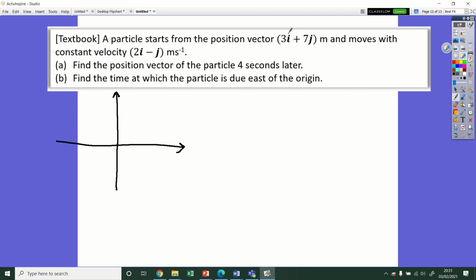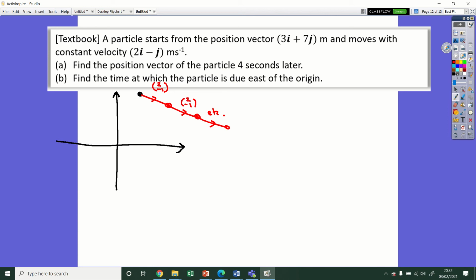So our particle starts at 3, 7. That's going to be roughly somewhere up here, 3 units along, 7 up. And then we're moving with constant velocity 2, minus 1. That's similar to what we had before, so we're doing this vector every second. Great.